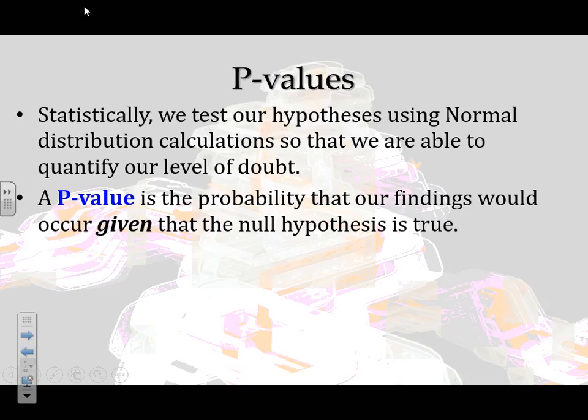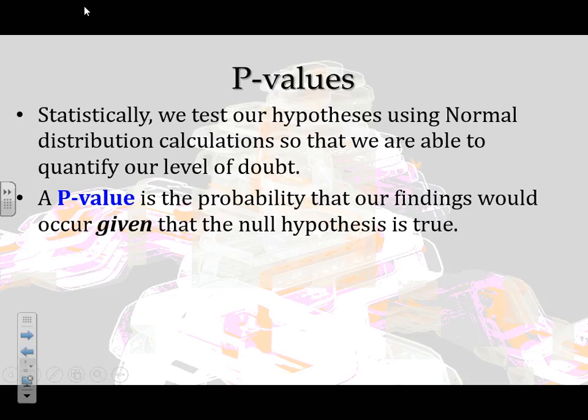The p-value will then tell us whether we stick with the null hypothesis or whether we can reject it in favor of the alternative. So another thing I want you to add with this, when you find a p-value, it is a conditional probability. The condition is the hypothesis is true.